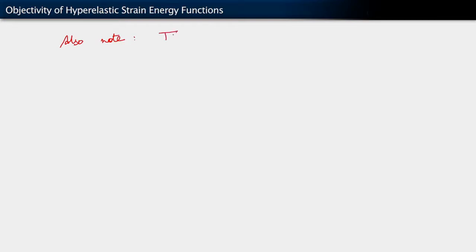Also note that in general the deformation that we applied to get to the deformed state could be inhomogeneous, right? So the deformation was reference to current, and I'm squeezing the ball, obviously not squeezing it uniformly. So that deformation gradient is in general inhomogeneous, non-uniform. It can be a function of reference position.